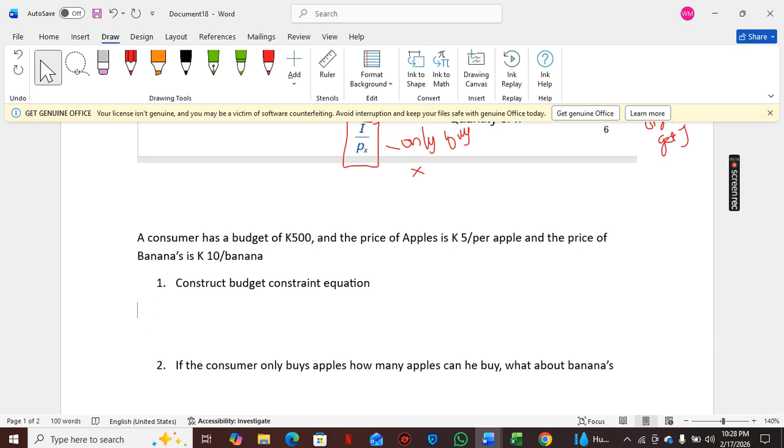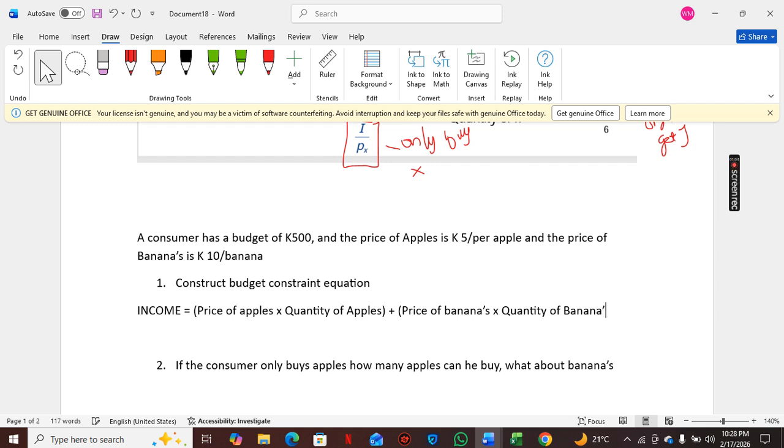Okay, so if we remember, colleagues, the budget constraint equation: income equals price of apples multiplied by quantity of apples plus price of bananas multiplied by quantity of bananas.